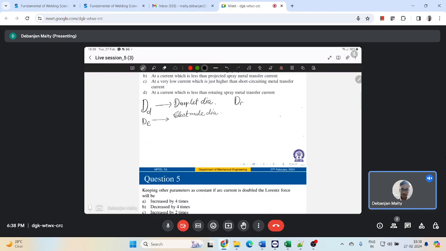If DD is three times DE, we call it subthreshold. If DD is 2DE, we call it globular.